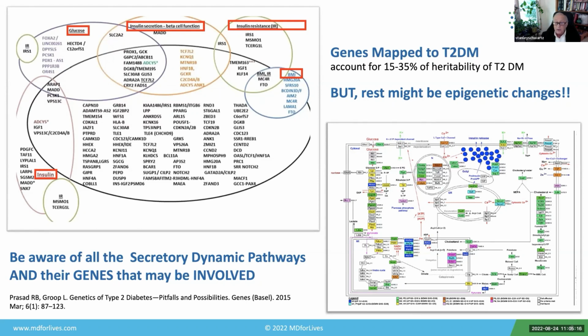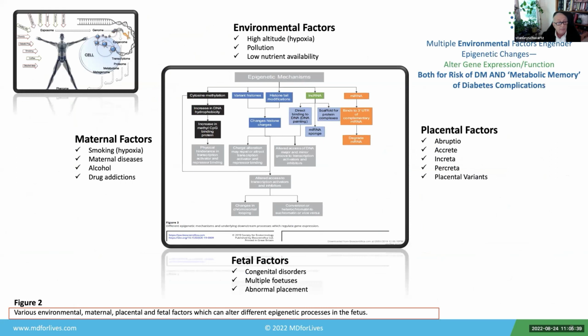But of interest is that of the genes mapped to type 2 diabetes, only about 15 to 35%, depending on which article you read, account for the heritability of type 2 diabetes. So the rest of the heritability might be related to epigenetic changes.